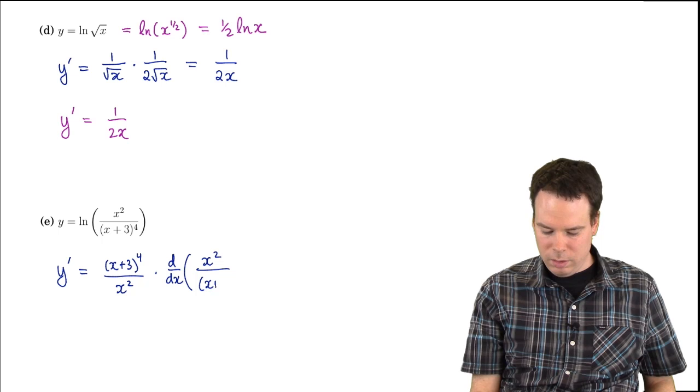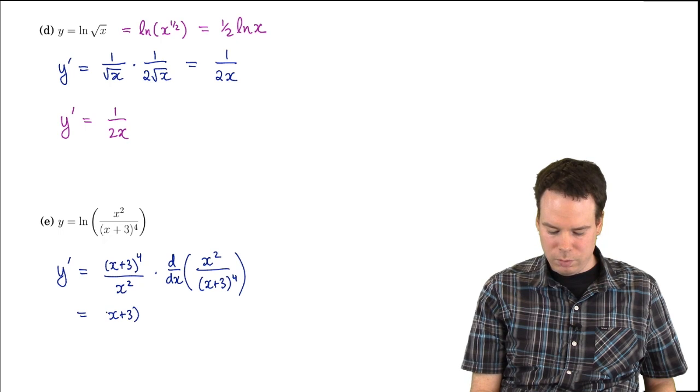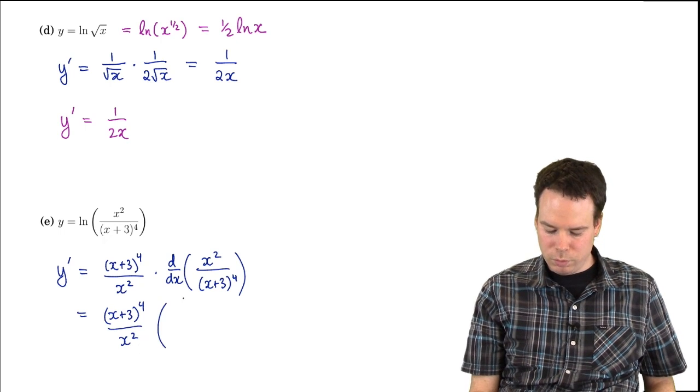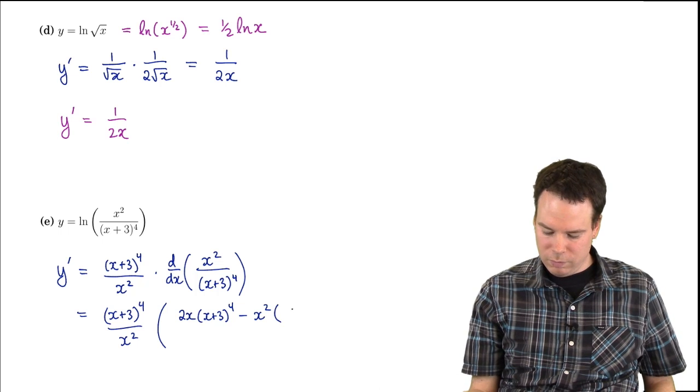And so here the inside function is a quotient, so in order to do that derivative, I'm going to need to use the quotient rule. Quotient rule is the derivative of the top times the bottom minus the top times the derivative of the bottom.